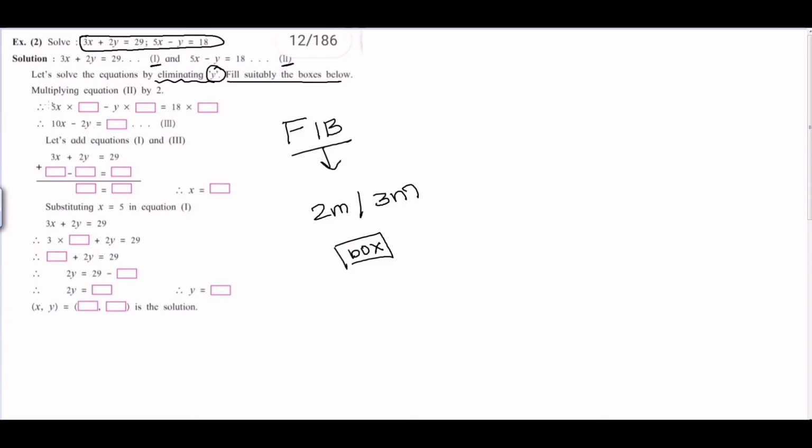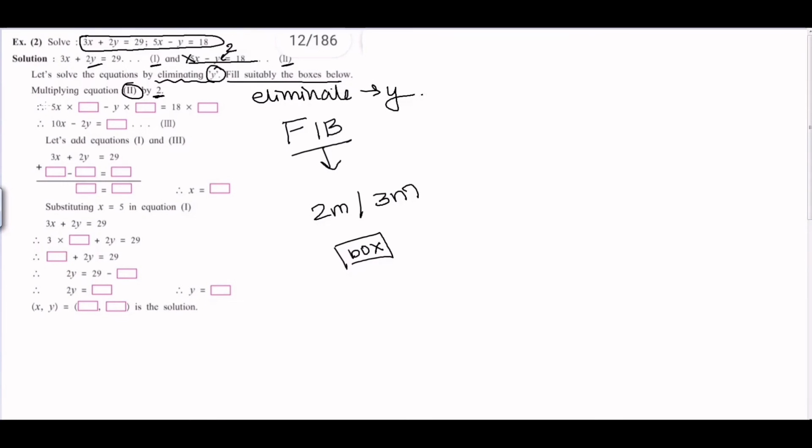Now let us see, multiplying equation 2 by 2. Why are we going to multiply by 2? Then we will get the y variable as minus 2y, and in equation 1 we have plus 2y, so it will get eliminated, therefore we will be able to easily eliminate the y variable.